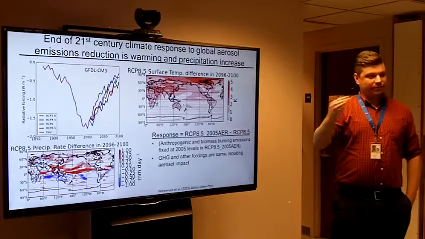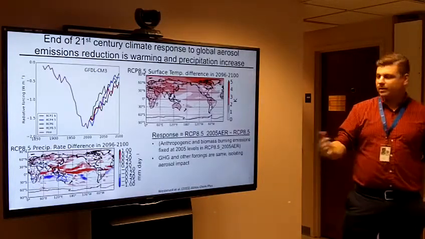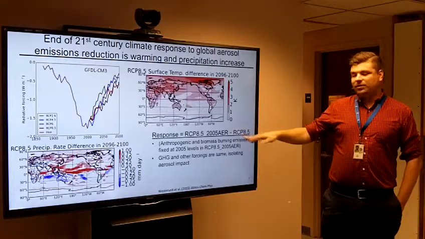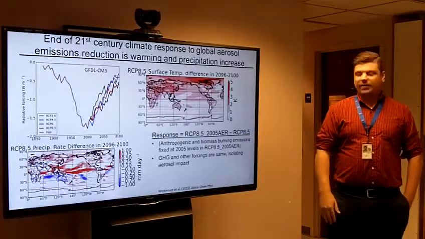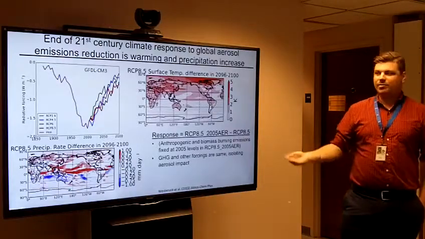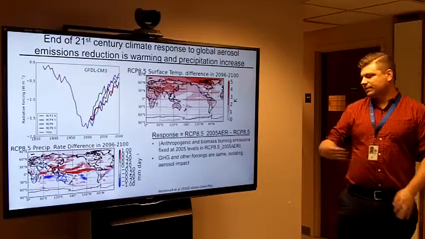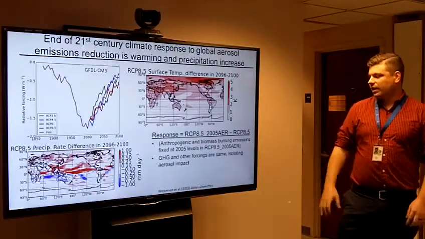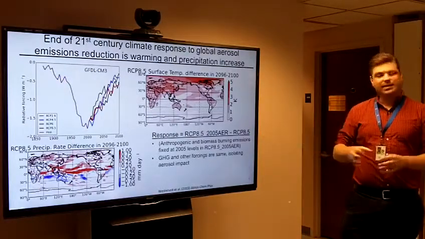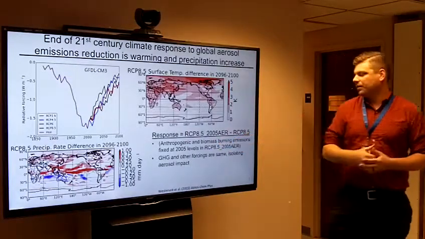And then run multiple ensembles of transient simulations for present day to 2100. Compare that to just a regular RCP 8.5 scenario where aerosol emissions are declining as they are projected to. All other forcings are exactly the same, greenhouse gases, land, all that stuff. So what you're doing by this is really isolating the anthropogenic aerosol effect. Oh, and I should say, and biomass burning as well.